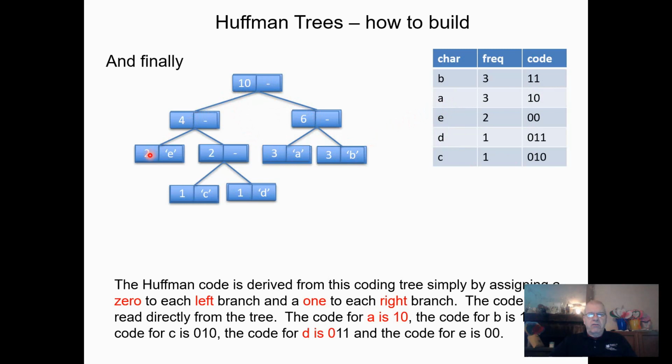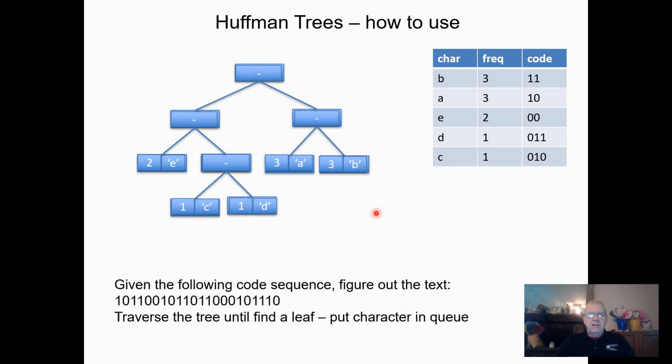E is 0, 0. So we can figure out the text. We don't need the frequencies anymore, but we often record them in the table.